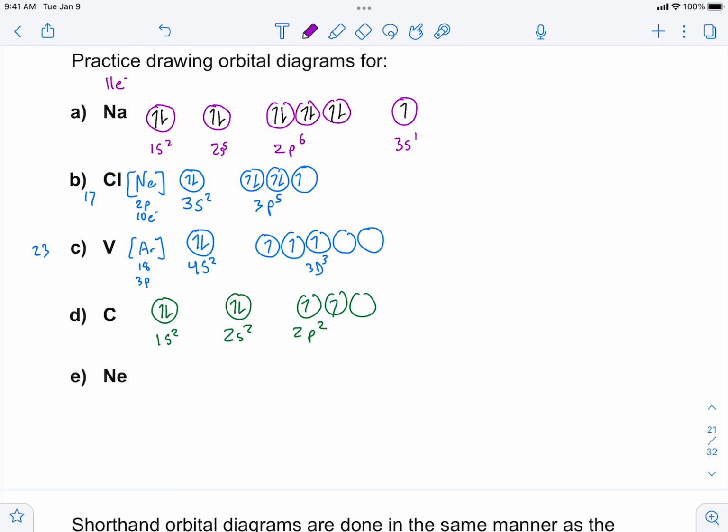And for neon, 10 electrons. 1s2, 2s2, 2p6. 1, 2, 3, 4, 5, 6. How we doing?